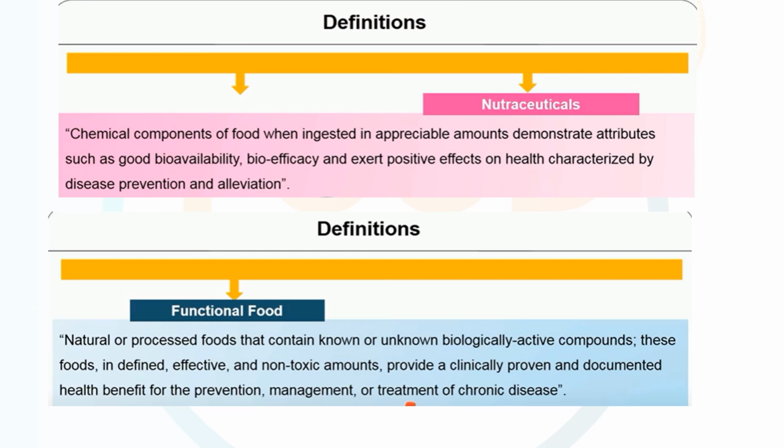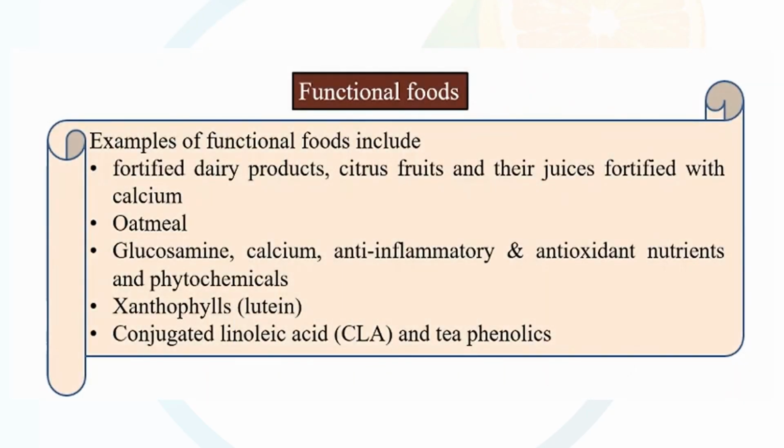Functional foods have some unknown biological compound in them. We don't know what particular compound is there, and they are effective and non-toxic, these compounds which are present in the food, and they also help in prevention of diseases.